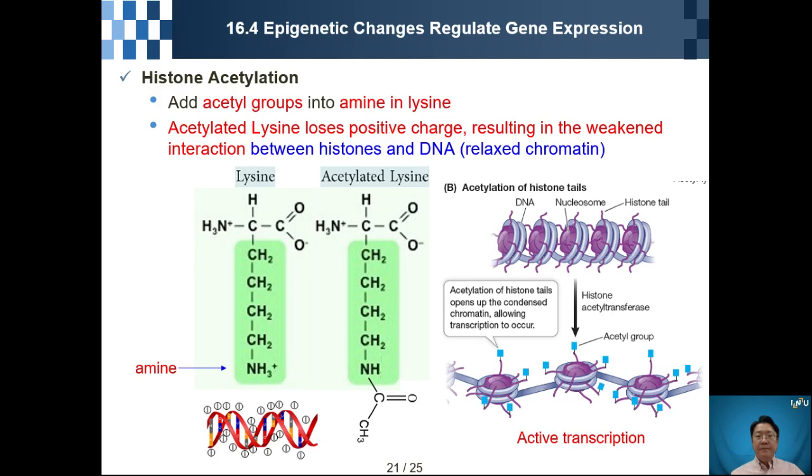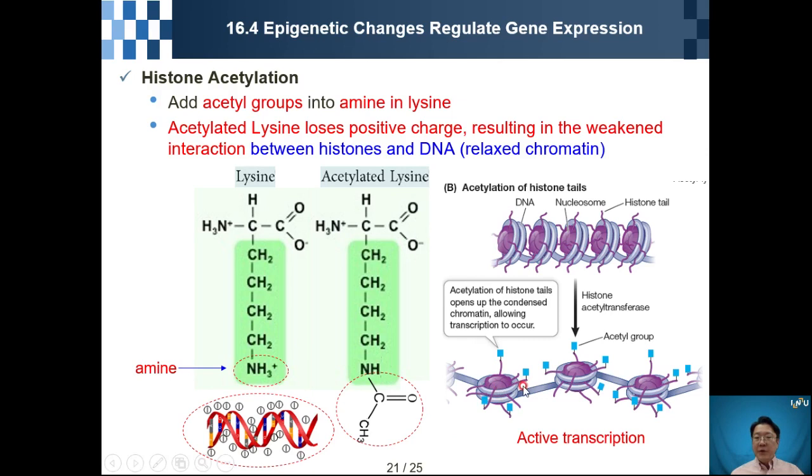However, if we add an acetyl group, this is the acetyl group that is added. It means that there are no positive charges. This results in a weakened interaction between the histone and DNA. Previously, when there were positive charges, they were closely interacted.